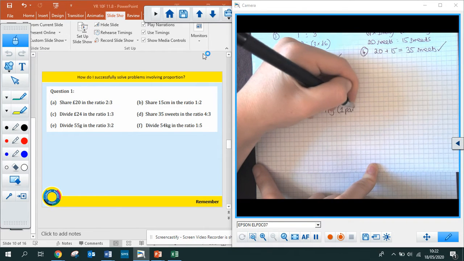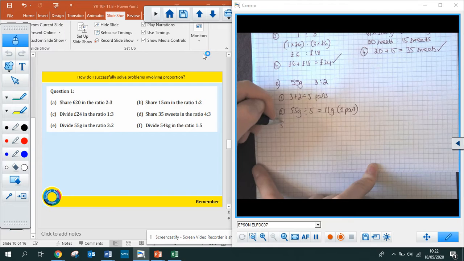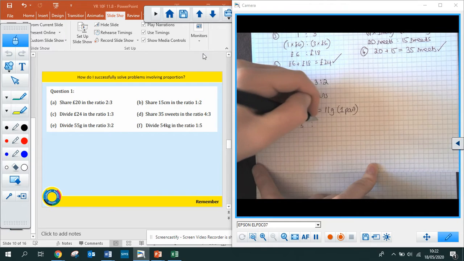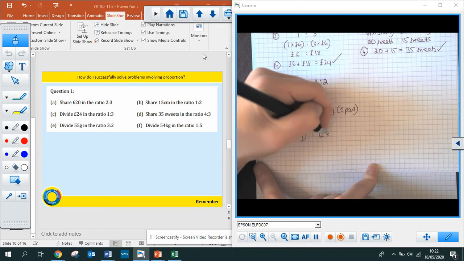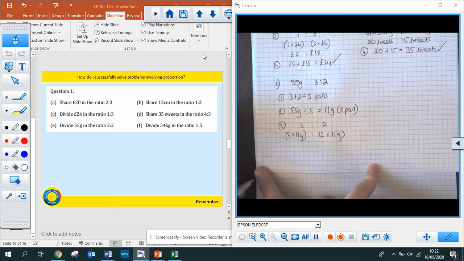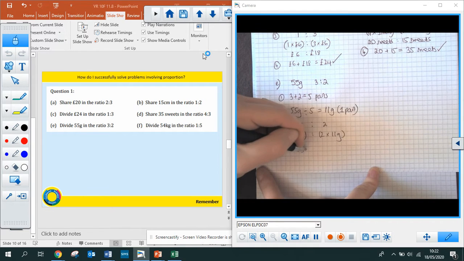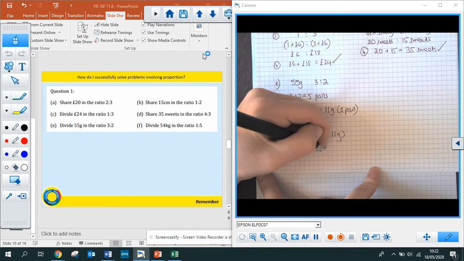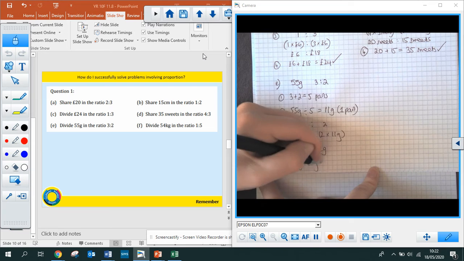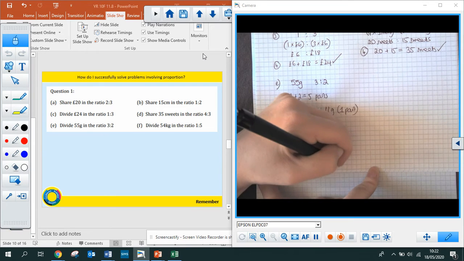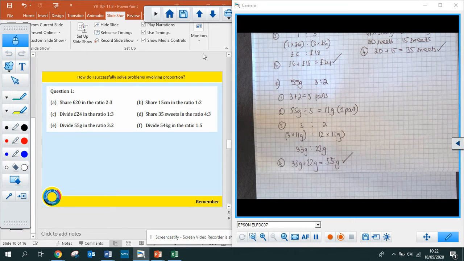So that's 1 part. Step 3, sharing my ratio. My ratio is 3:2. So I need to do 3 lots of 11 grams to 2 lots of 11 grams. So that's 33 grams to 22 grams. Final step, my check is 33 grams plus 22 grams, 55 grams. Yes, and so it's correct.